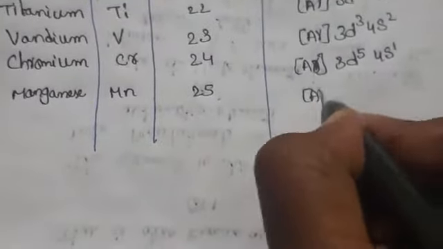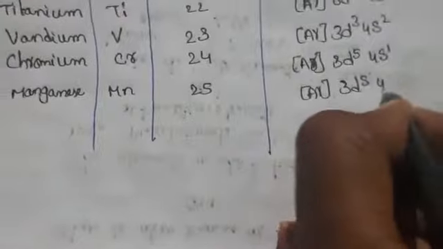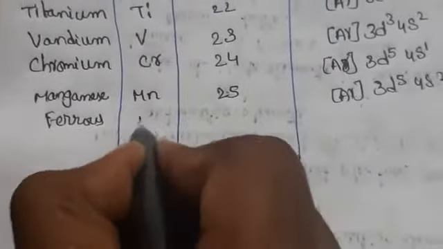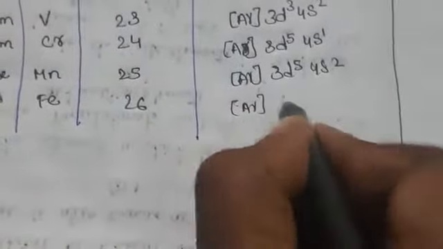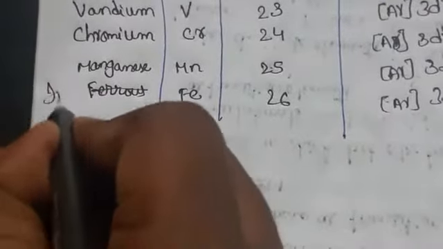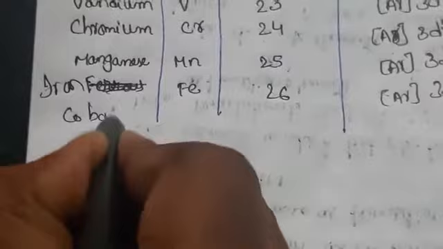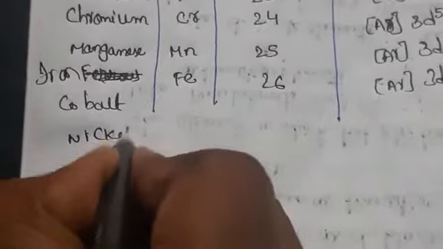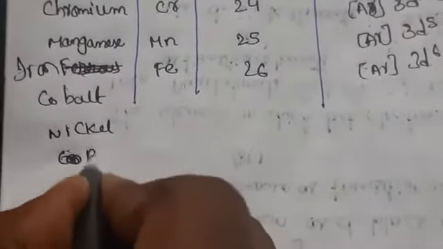So again we write argon 3d5 4s2. Next, iron, Fe, with electronic configuration argon 3d6 4s2. Sorry, I wrote ferrous; it is iron. Next we write cobalt, nickel, copper, zinc.